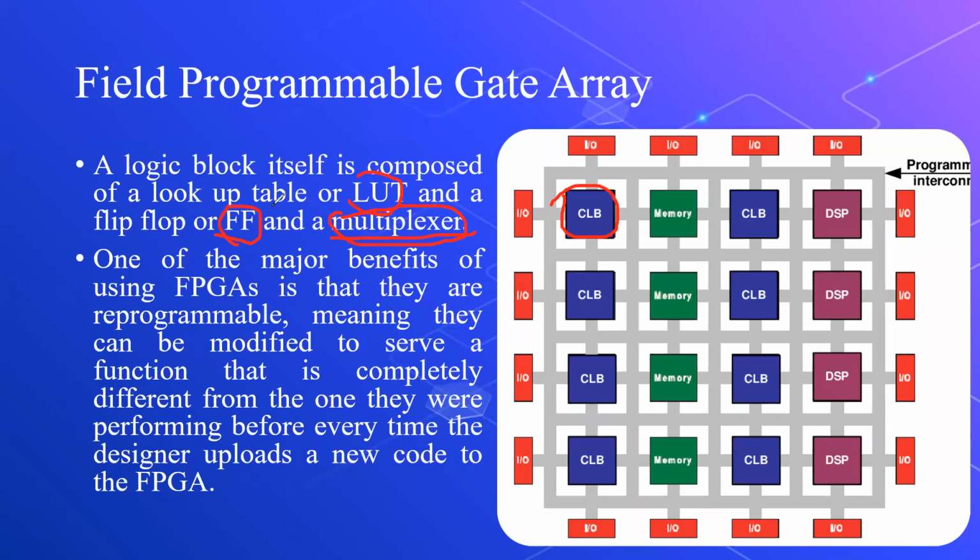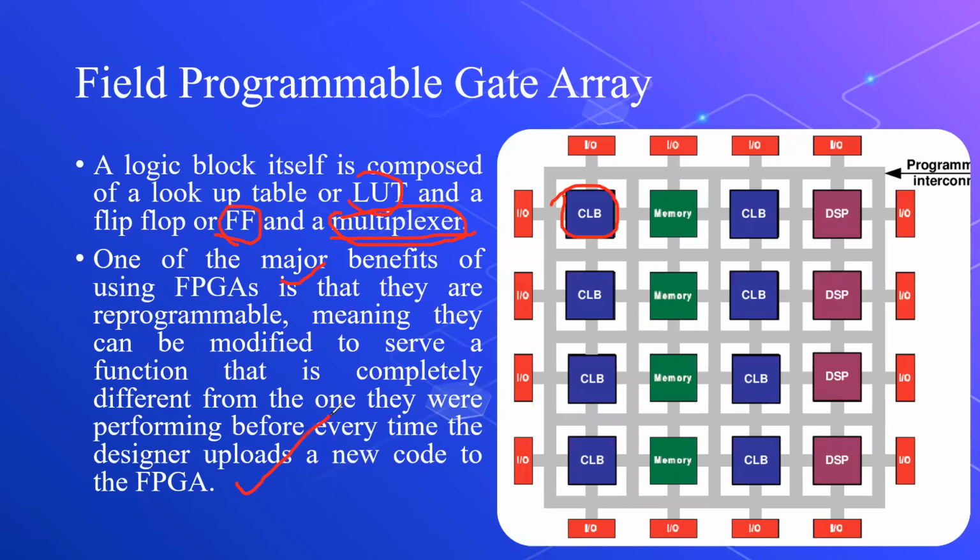Okay, so this is the most important benefit, meaning they can be modified to serve a function that is completely different from the one they were performing before, every time the designer uploads a new code to the FPGA.